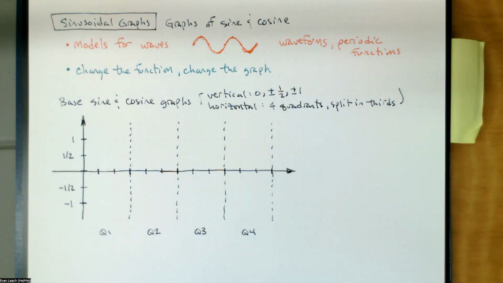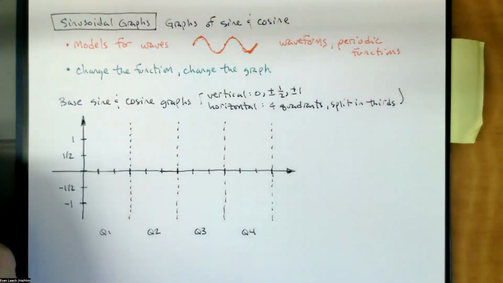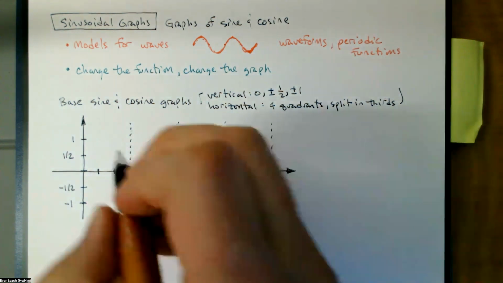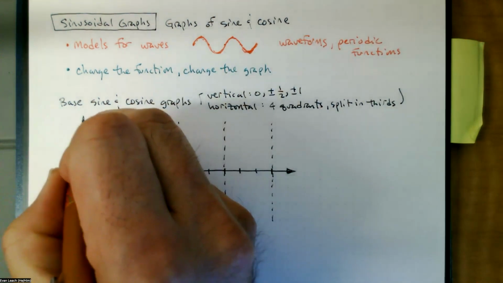Now we're going to use what we know about the coordinates going around the unit circle. Let's follow the x coordinate around the unit circle. At 0, the x coordinate on the unit circle is 1. And the x coordinate is the cosine. So cosine will start off at 1.